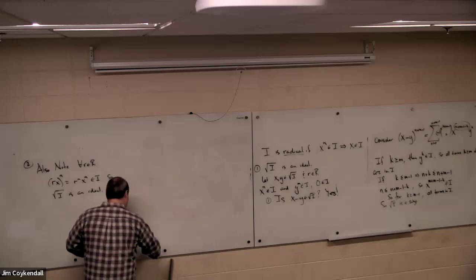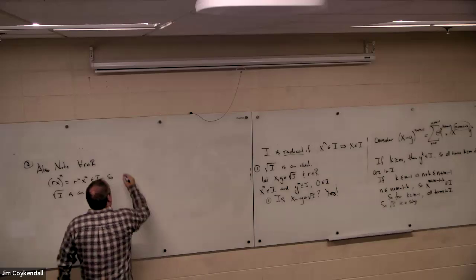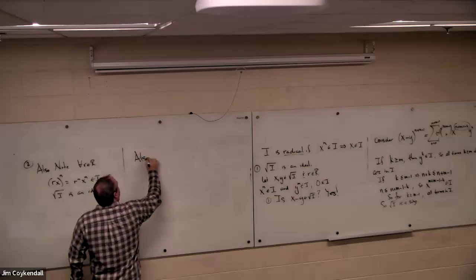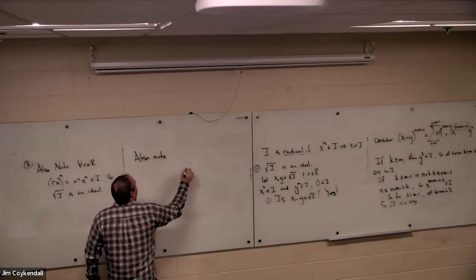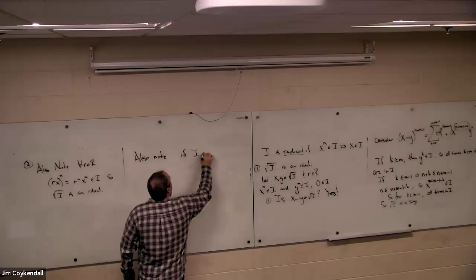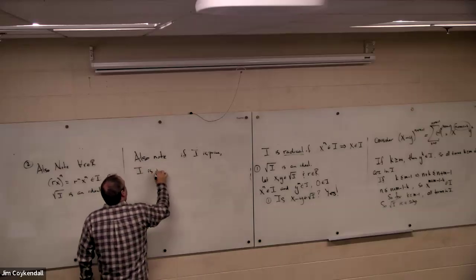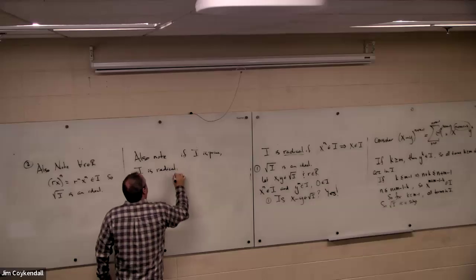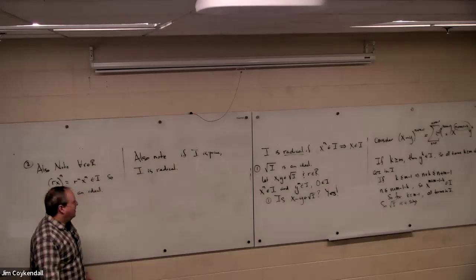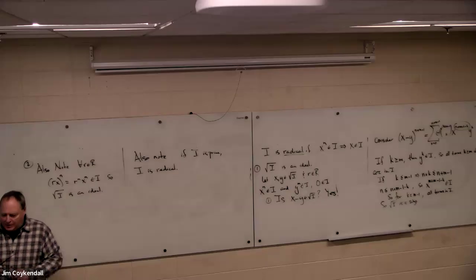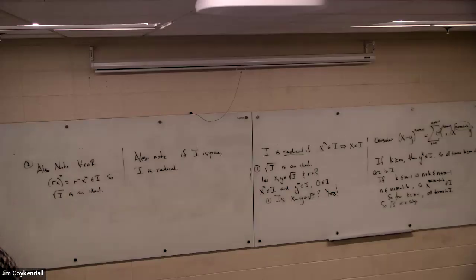So also note, if I is prime, but before I do this, I'm going to prove the following little lemma to help us out. Proposition. Let's suppose that R is commutative with identity.